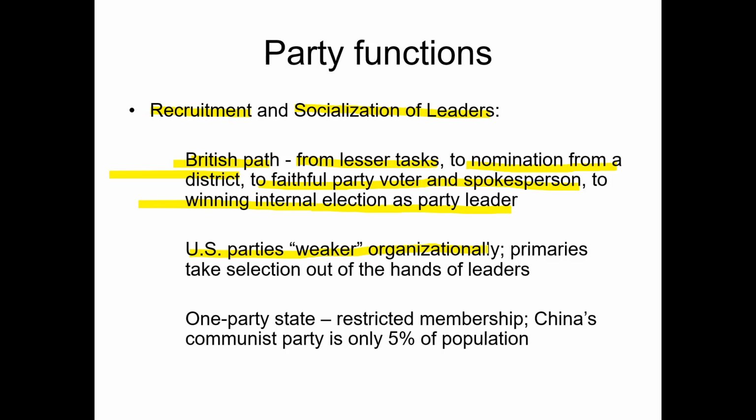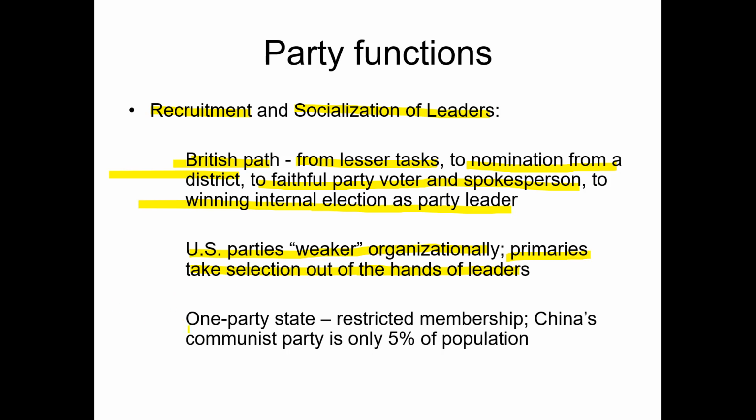So it's not quite the same as far as the farm team type system. The parties have primaries, which provide somewhat of a playoff type system to get to the final candidates, to determine who they're going to run in the general elections.